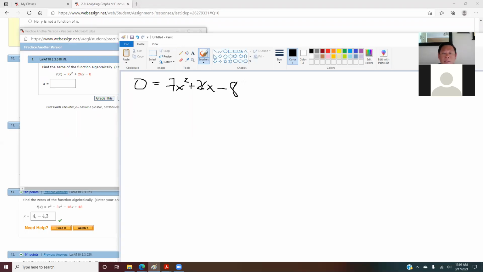You have to use the AC method here. AC in this case is negative 56, and then you figure out what times what is negative 56, and when you add them, is 26.